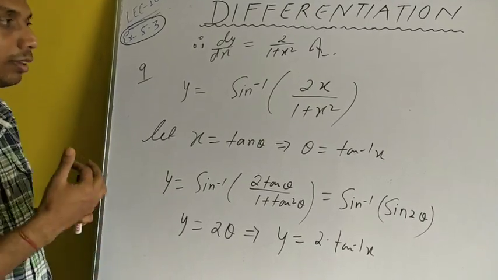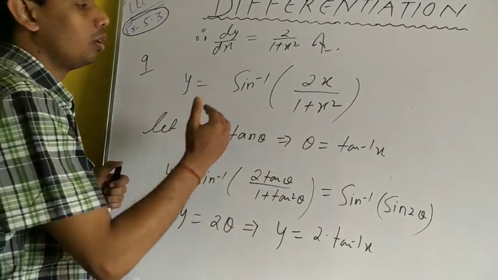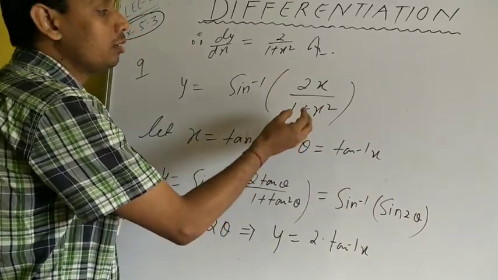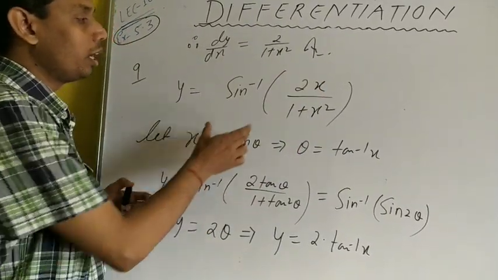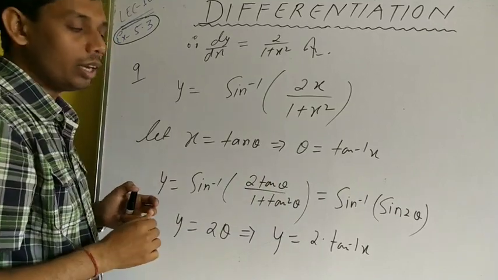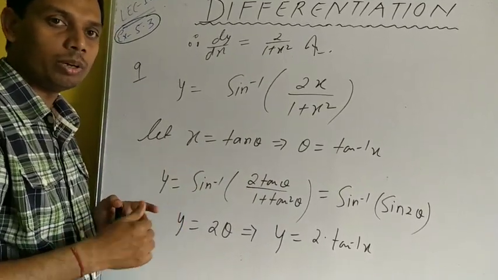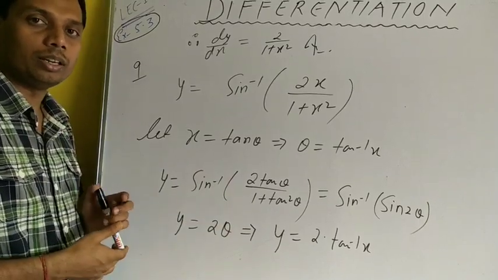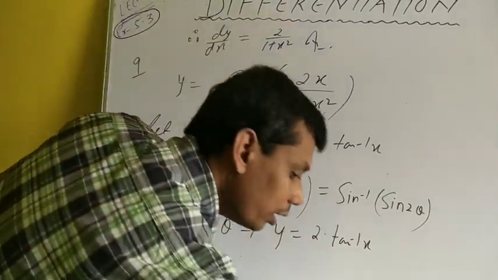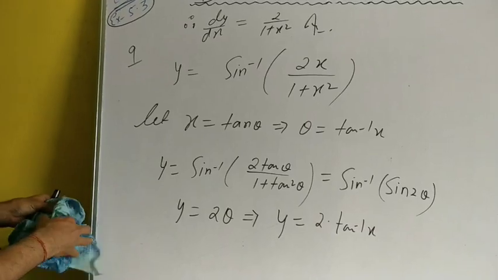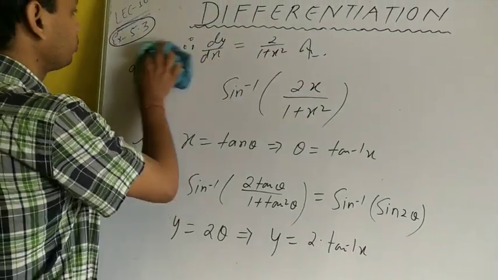So you analyze the question. If on substituting some value for x it reduces to the simplest form, you first reduce it to the simplest form and then you differentiate the function. Now let us start with question number 10.